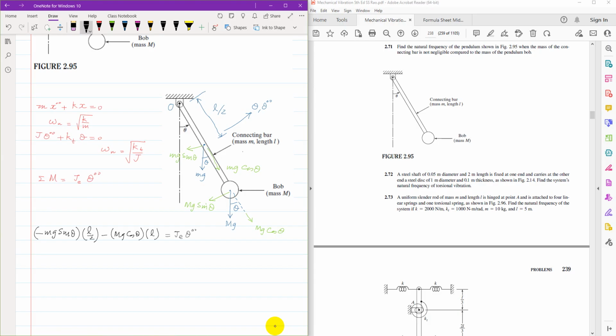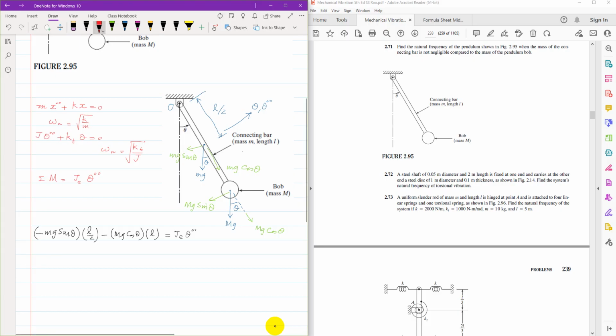Now this J equivalent is the rotational inertia of the connecting bar plus the rotational inertia of the bob.